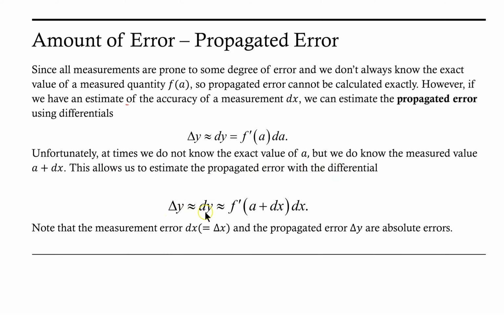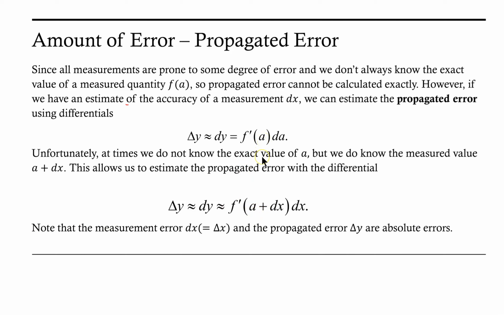Propagated error is approximately equal to the differential dy, which is approximately equal to f prime of a plus dx times dx, where a plus dx is the measured attribute rather than the true measurement of the attribute.